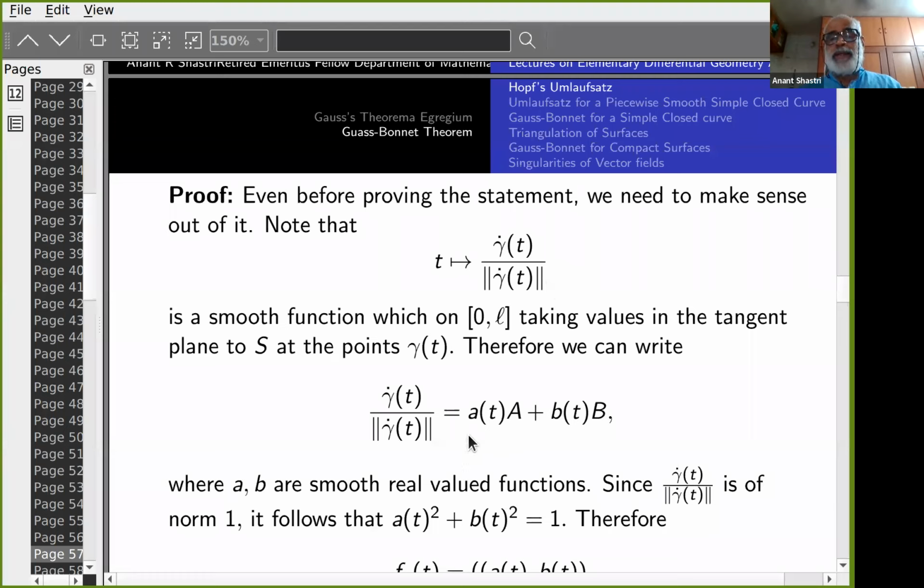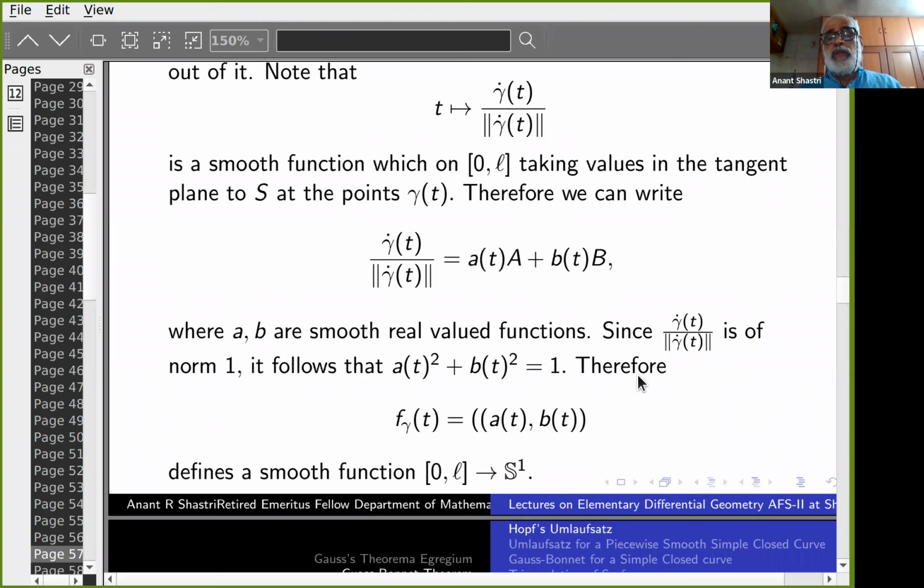Therefore, you can write it as a(t) times A plus b(t) times B, where a(t) and b(t) are coefficients of this unit vector in the direction of A and B. So what is true is a(t) squared plus b(t) squared is 1. Now you look at this function f gamma, which depends upon gamma, (a(t), b(t)).